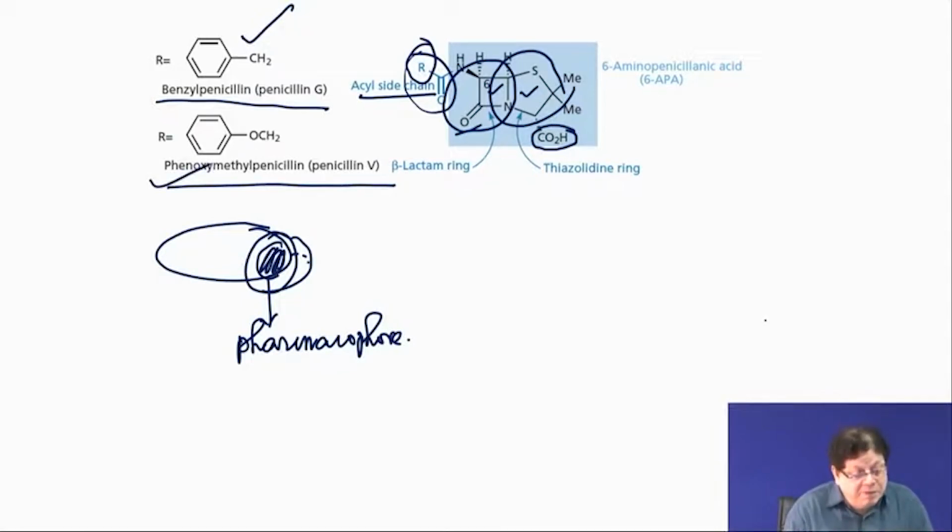In fact, penicillin G is still available in the market. It is usually now used for rheumatoid arthritis. Otherwise, for other bacterial infections, like respiratory infections, usually penicillin G is not used, but historically these two compounds are important, because the first penicillins introduced into the market were benzyl penicillin and penicillin V, penicillin G and penicillin V.